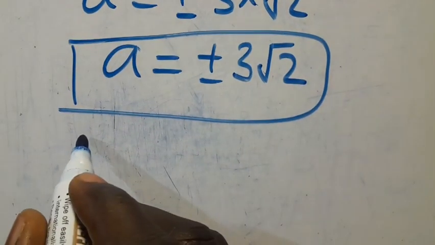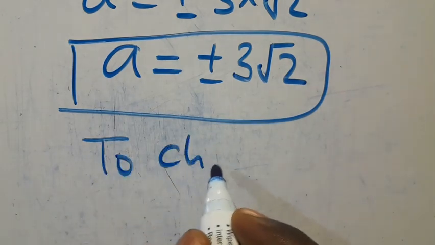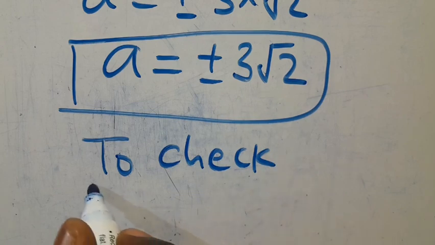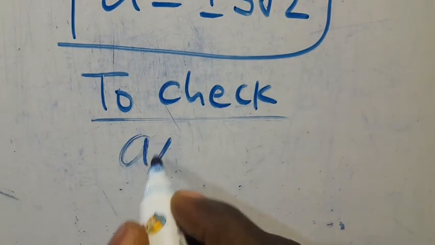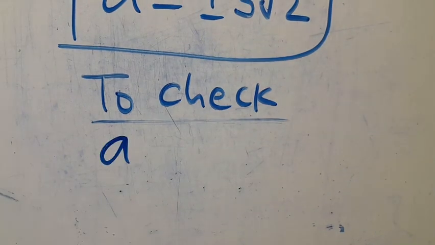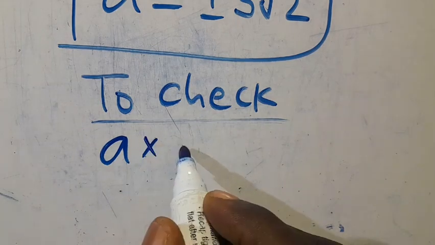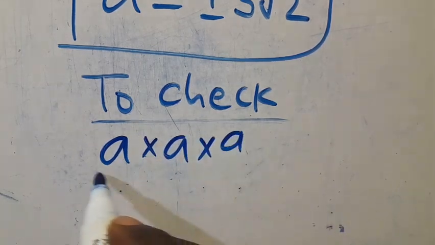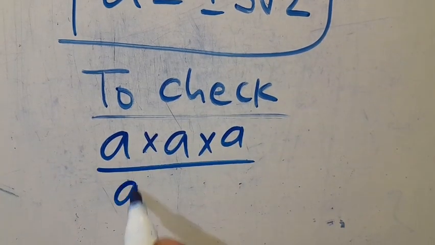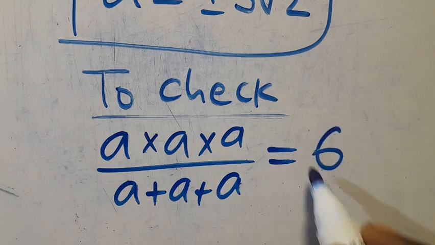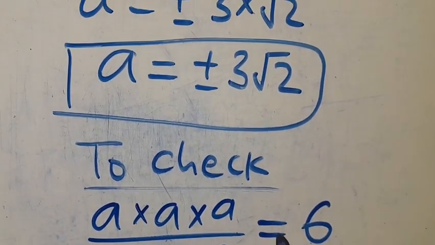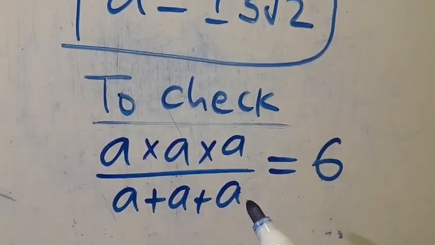Then let us check. So we have A times A times A divided by A plus A plus A that equals 6. So let's go along with plus 3 root 2.